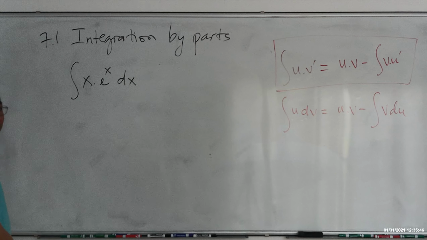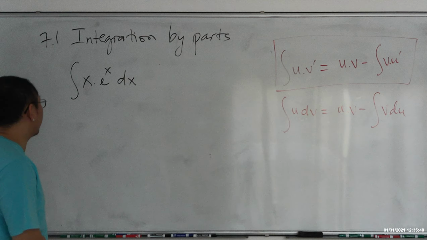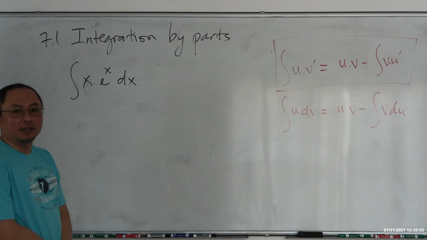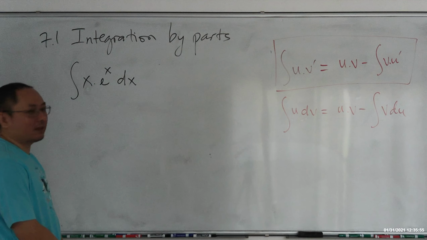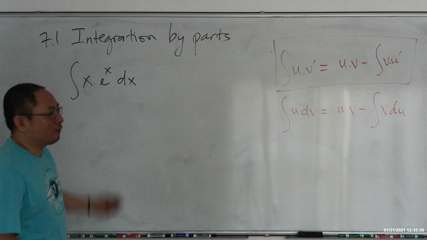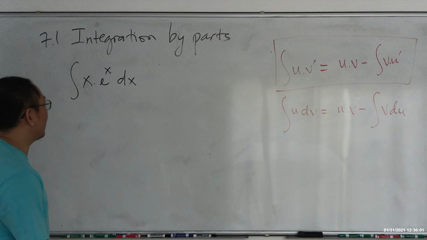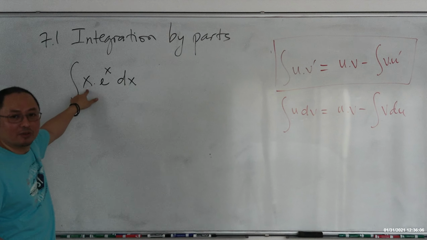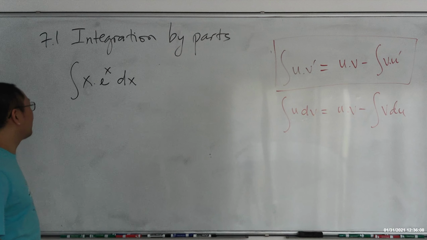Now you guys see that we have two types of functions in this integral again. The polynomial function x right here and the exponential function e to the x right there. So whenever I have two types of functions, I tend to use the integration by parts technique. Hopefully I can simplify and use x right here. If I take the derivative, it just goes down to 1, a constant, right?